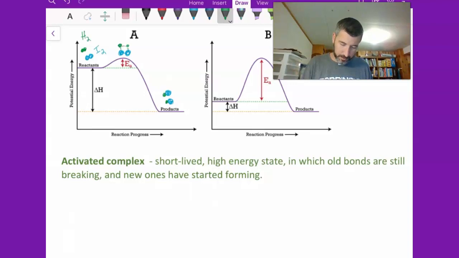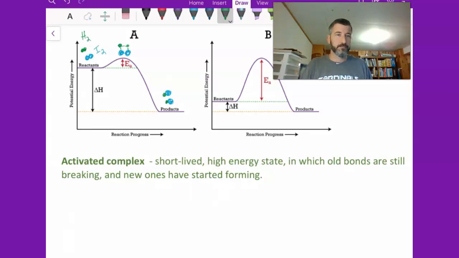All four atoms are loosely bonded together, and it's very unstable, and it doesn't last more than a few nanoseconds in most cases. Although, if you watch the video with the little beaker on the hot plate and the stir plate, you can get it to last a little bit longer depending on the specific reaction, but most of the time it's very quick and it's gone because it's so unstable. So that is your activated complex.